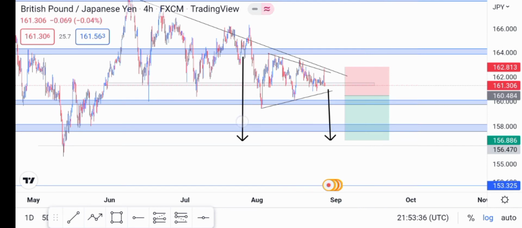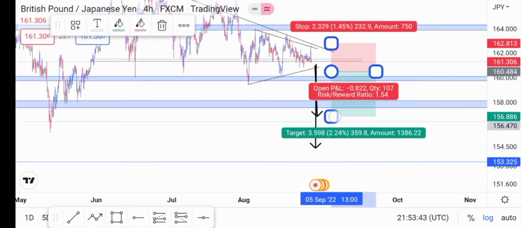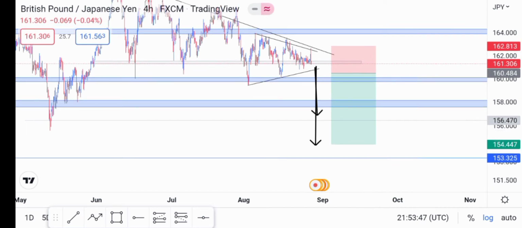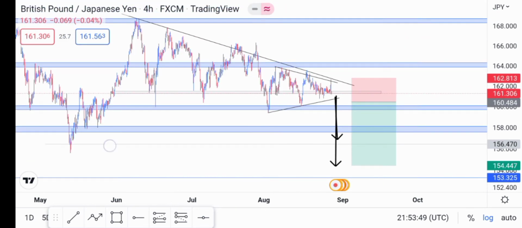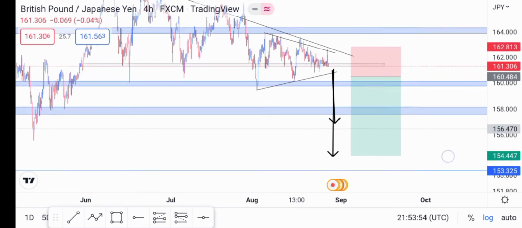This could be another possible scenario from this point right over here. This could lead to our overall take profit around this area here. So currently this is what we have on GBPJPY. So yeah, let us move to US30.